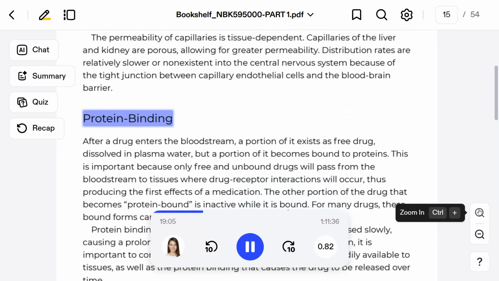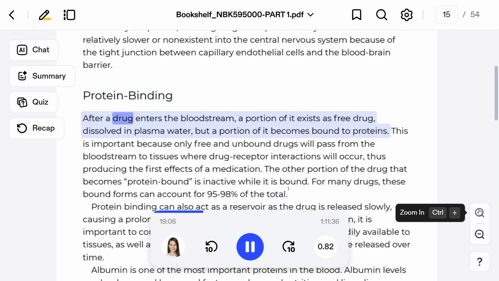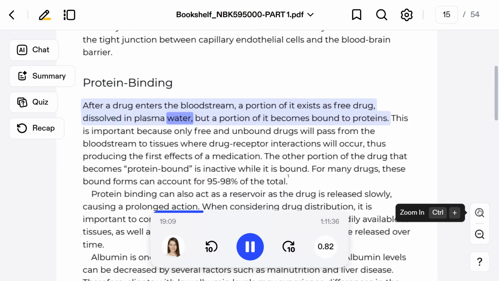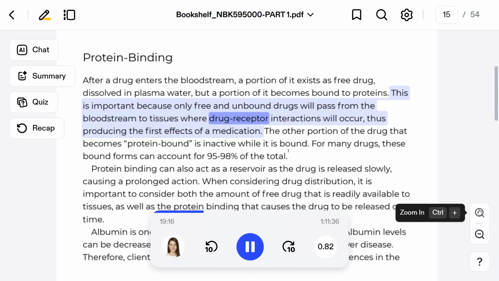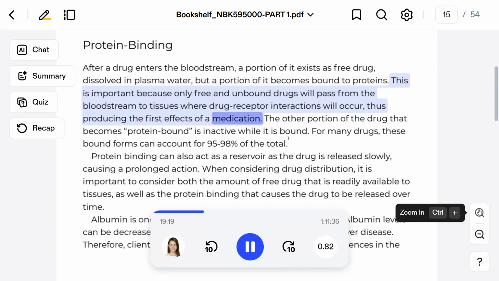Protein binding. After a drug enters the bloodstream, a portion of it exists as free drug, dissolved in plasma water, but a portion of it becomes bound to proteins. This is important because only free and unbound drugs will pass from the bloodstream to tissues where drug receptor interactions will occur, thus producing the first effects of a medication.